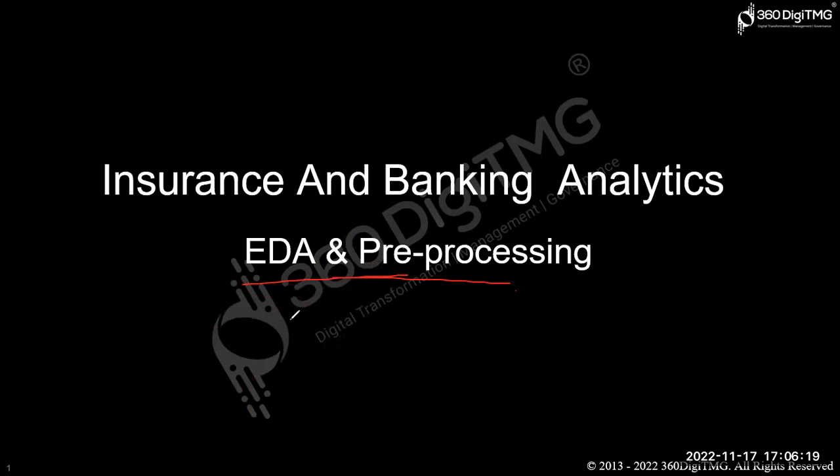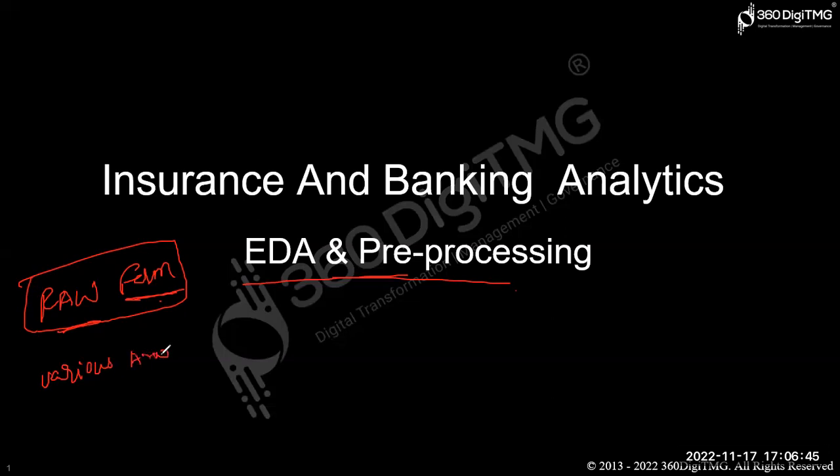exploratory data analysis. Once you have received the data and you know what exactly the project objective is, we will collect the data. Whatever data we collect is in raw form. When you have raw data, various anomalies will be present.